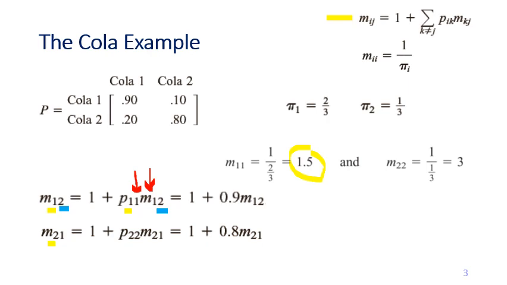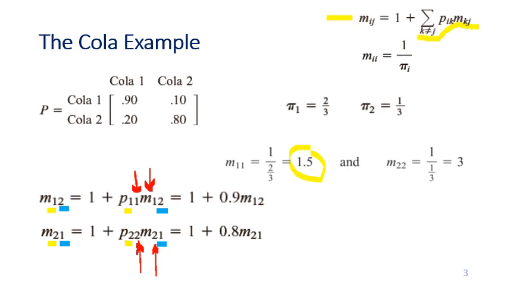So 2 here is our I, and 1 here is our J. Same as before, you need to list all the K that are not J. If you have 3 states, it means that these equations will have P23 times M31. So you need to follow this equation very carefully, and notice that the sum says you need to do this for all K, where K is not equal to J.